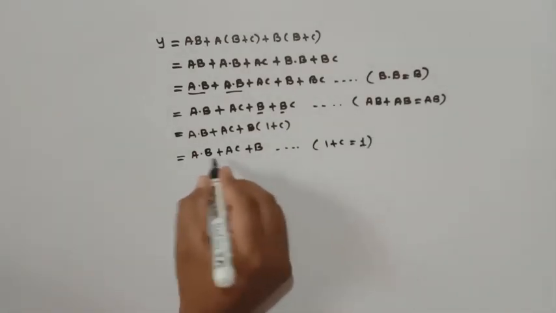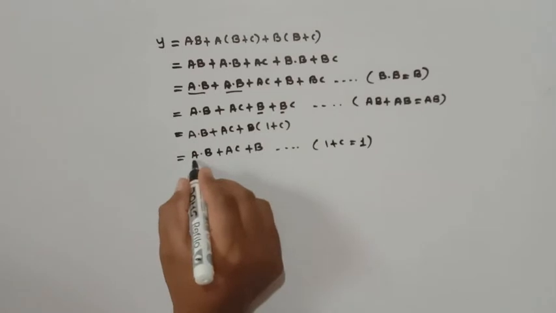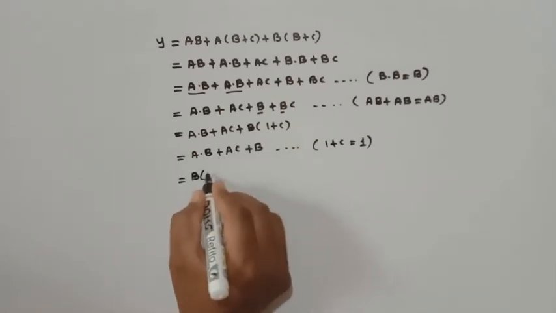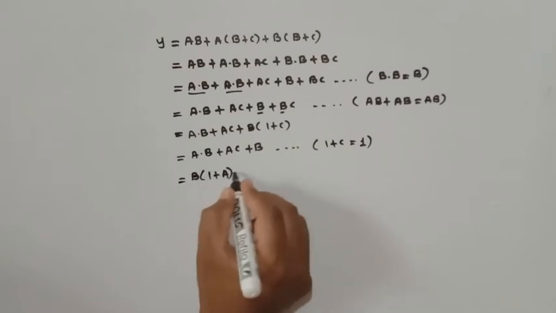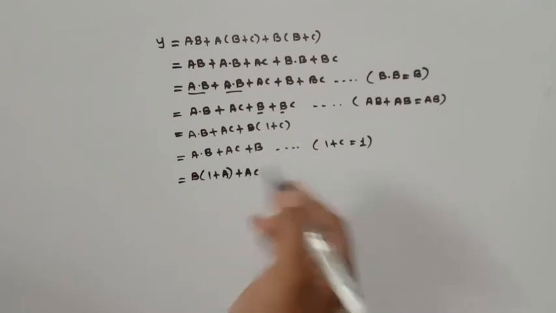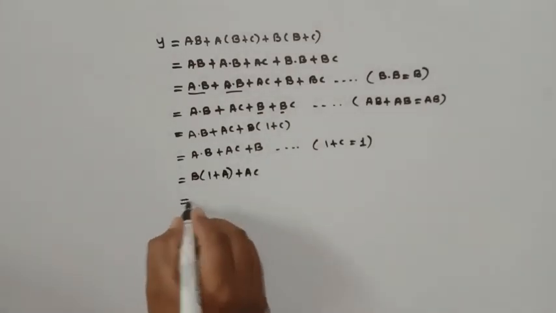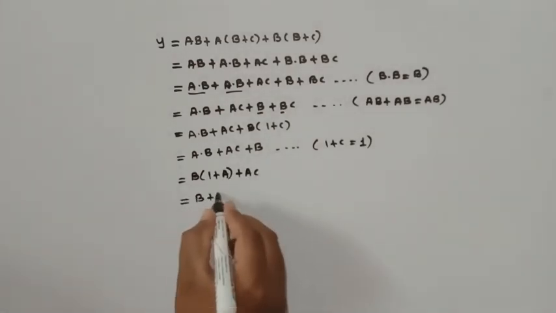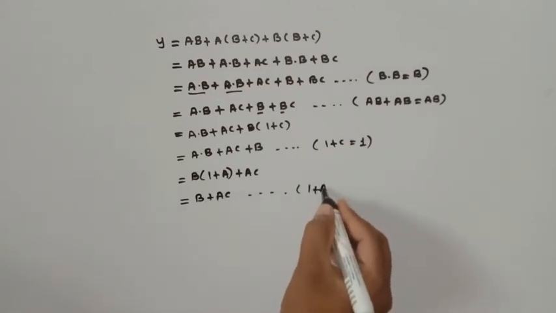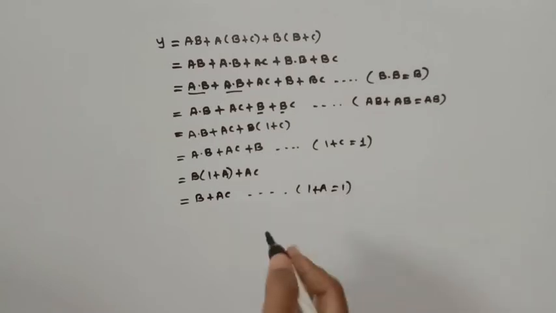Again we observe the two terms a.b and b. We take b common and write b(1 + a) + ac. Here 1 + a again becomes 1. So we write b + ac, and we mention 1 + a = 1.